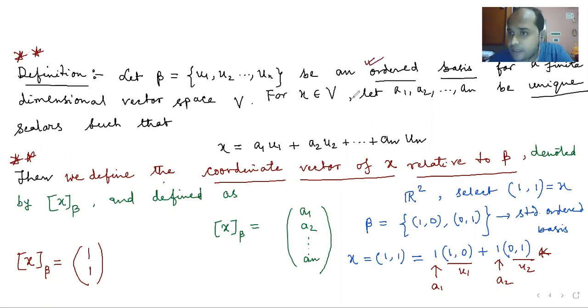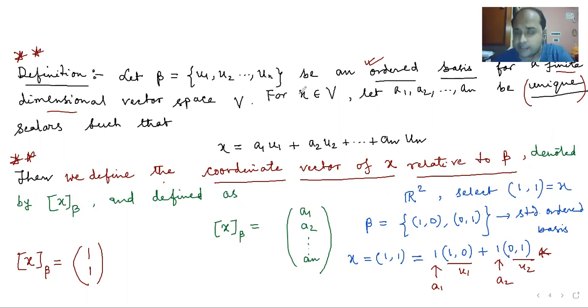One important part is that they talk about any ordered basis, not only the standard ordered basis. Then a finite dimensional vector space we have to consider. We don't know what will happen in the case of an infinite dimensional vector space. And the scalar representation is unique. It's not true for any scalars.